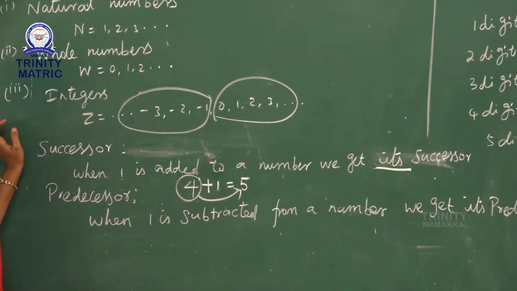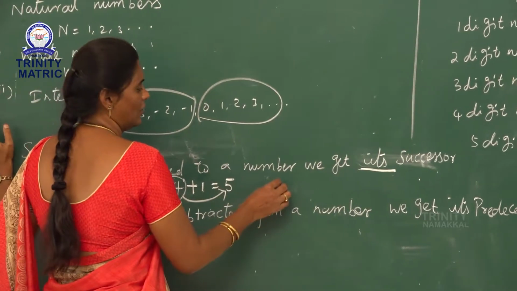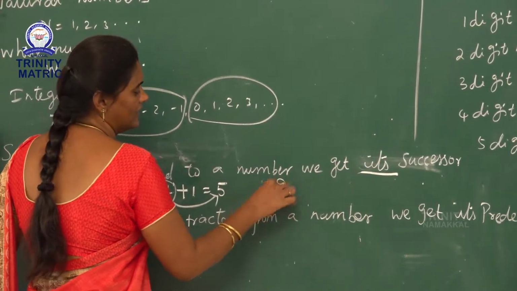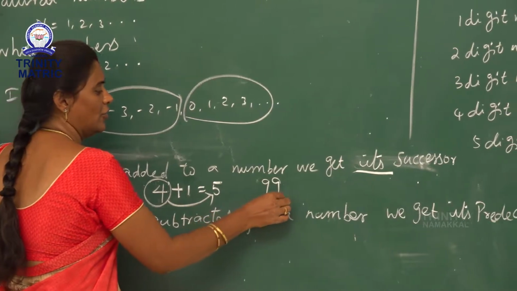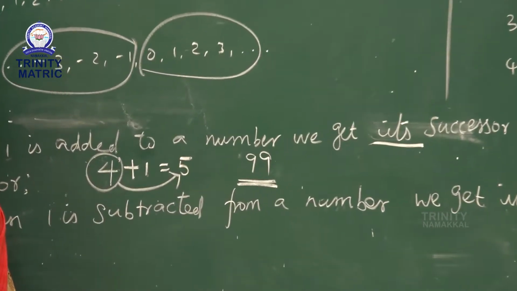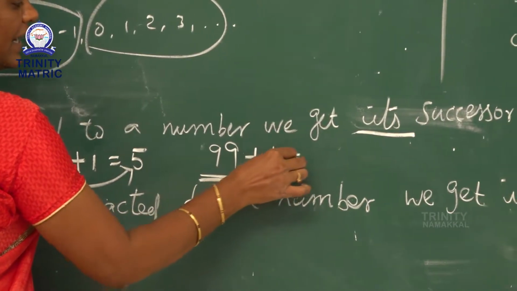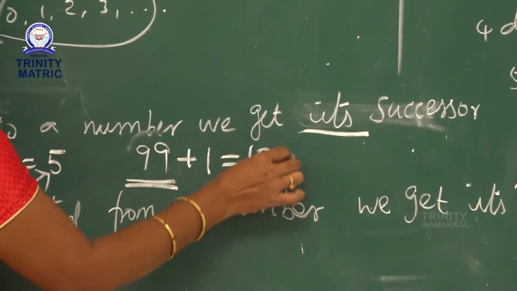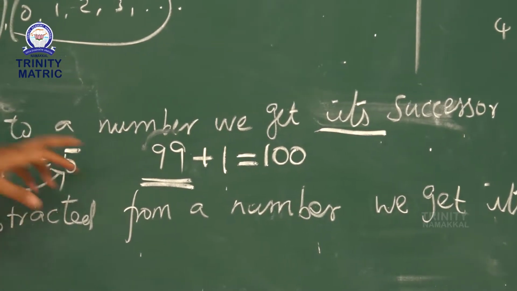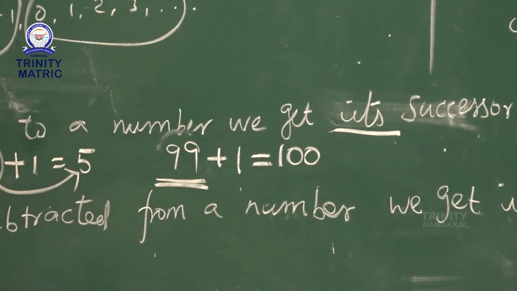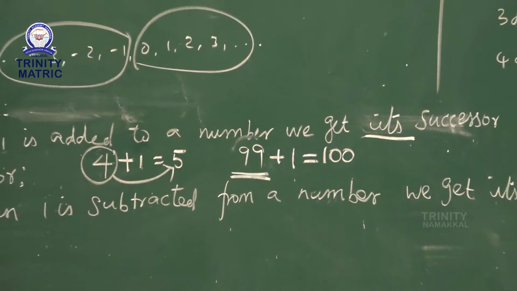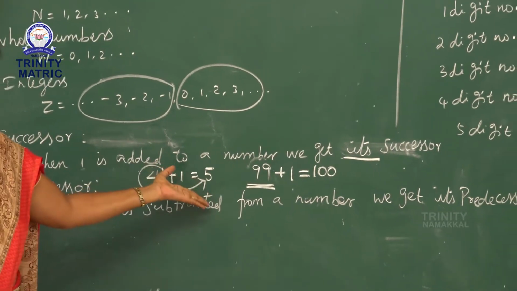That is the next number. One more example. What is the successor of 99? How to find it? We add 1 to 99, we get its successor, that is 100. So for the successor, we add 1 to the number.